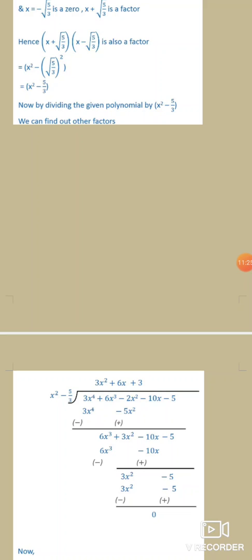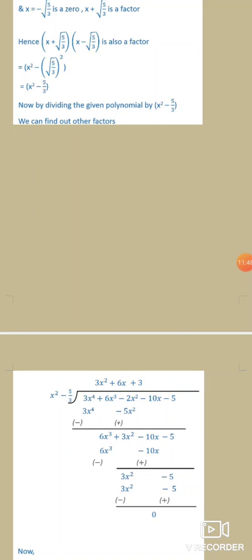So minus 5 by 3 into 3x square, that 3 and 3 are cancelled. Then remaining, what? Minus 5 by 3 into 3 is equal to what? 3 and 3 are cancelled, minus 5x square only. So 3x raised to 4 minus 5x square is there.